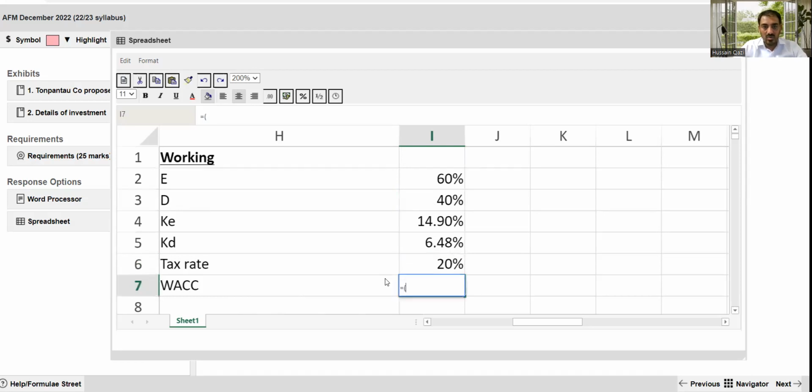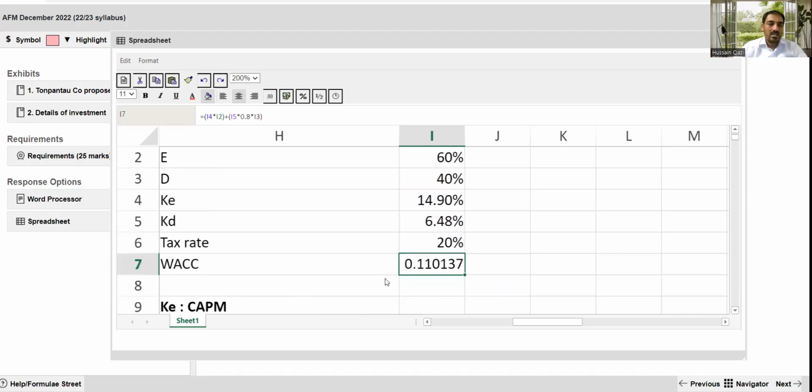Now it is equal to 14.9 into 60% plus KD 6.48 into 0.8 into 40%. And this is 11.01%.